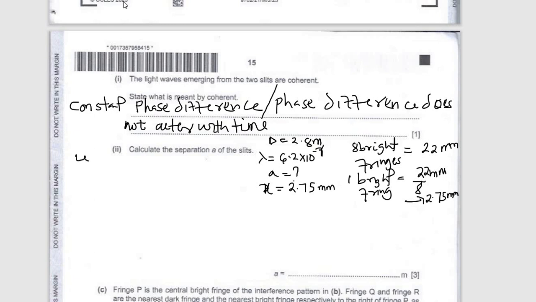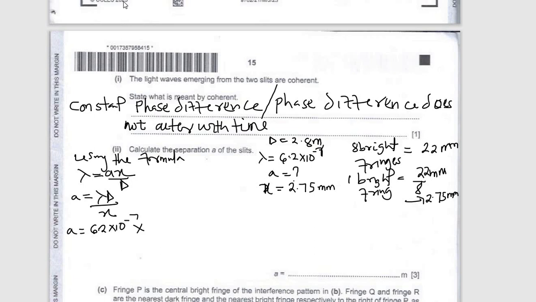Using the formula for the Young double slit experiment, lambda equals AX over D, and we are looking for A. So A is lambda D over X. Lambda is 6.2 times 10 raised to the power minus 7, D is 2.8, and X is 2.75 millimeters, that's times 10 to the power minus 3.